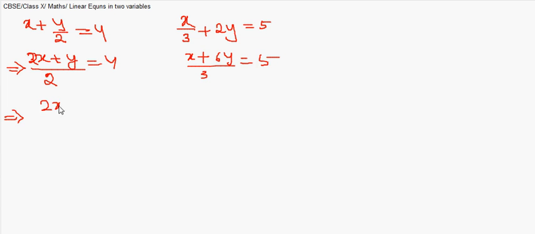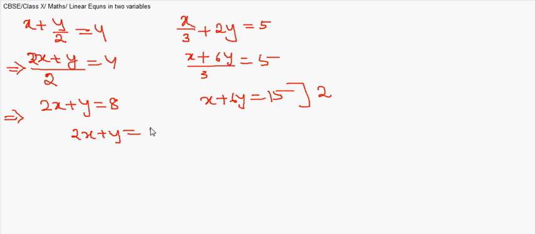So 2x plus y equals 8, and x plus 6y equals 15. Now if I multiply this by 2, the two equations will be 2x plus y equals 8, and 2x plus 12y becomes 30.